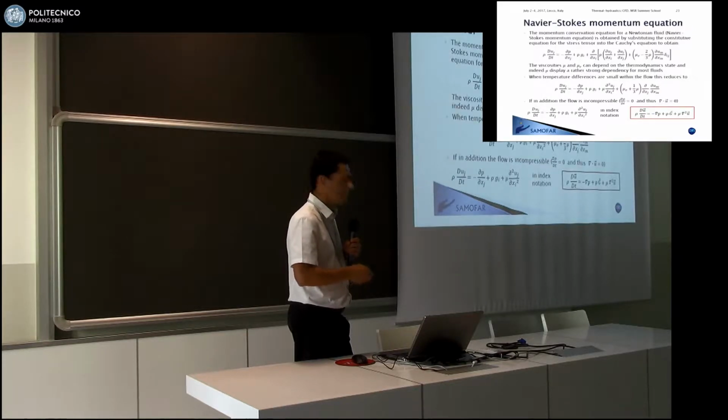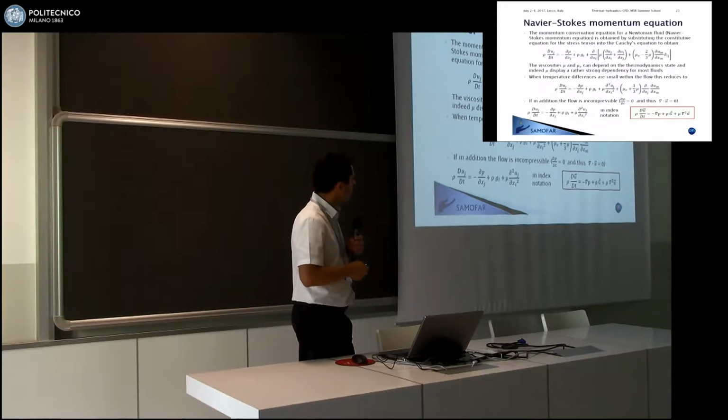If we insert that constitutive relationship between the stress tensor and the strain rate tensor into the Cauchy equation, so the equation for the conservation of momentum, then we finally get the famous Navier-Stokes equation, okay? Now, this equation may look a little bit difficult, this side here.